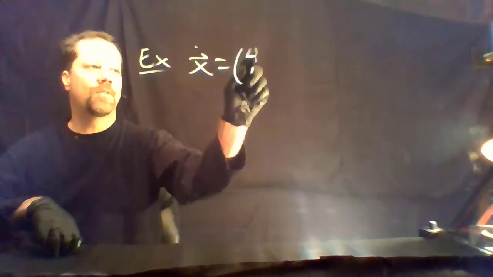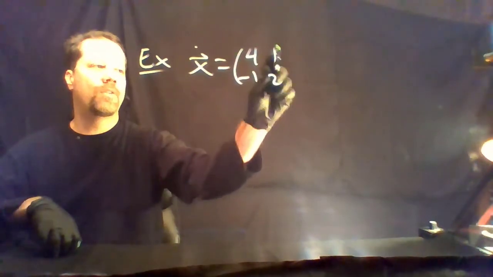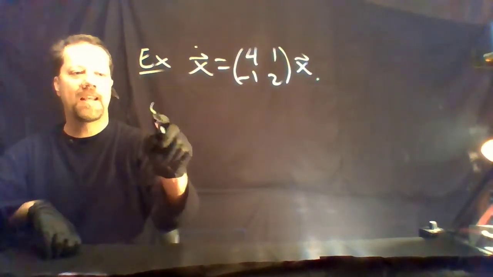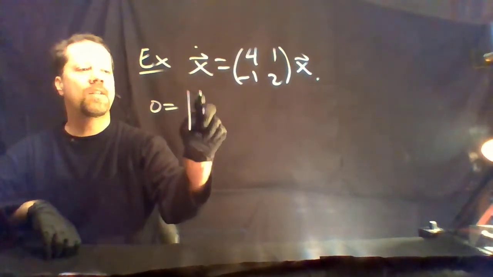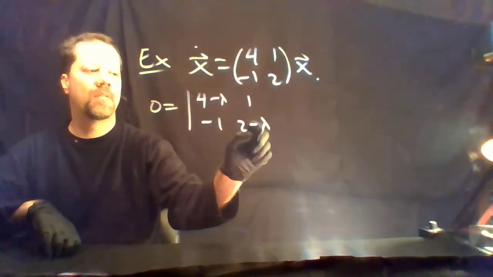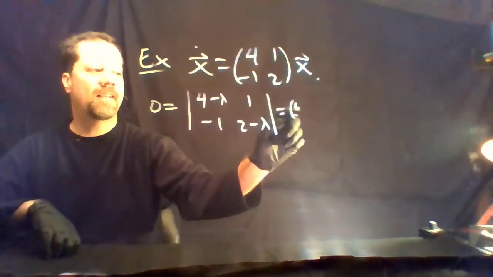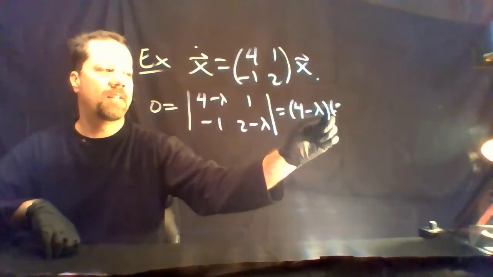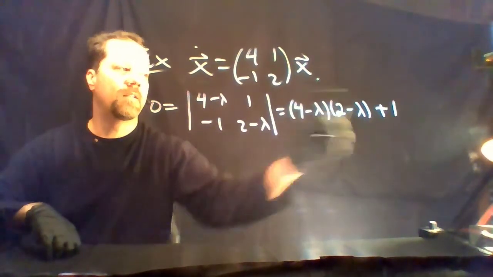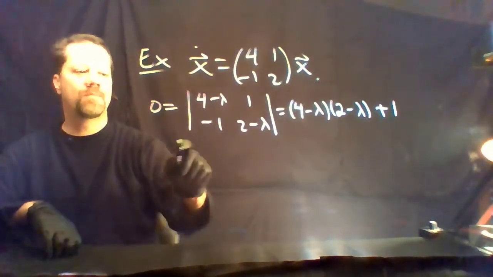X dot equals the matrix (4, 1; negative 1, 2). We first find the eigenvalues. So we subtract lambda from the diagonal elements, and that gives us (4 minus lambda)(2 minus lambda), and then minus a negative 1 ends up being plus 1.